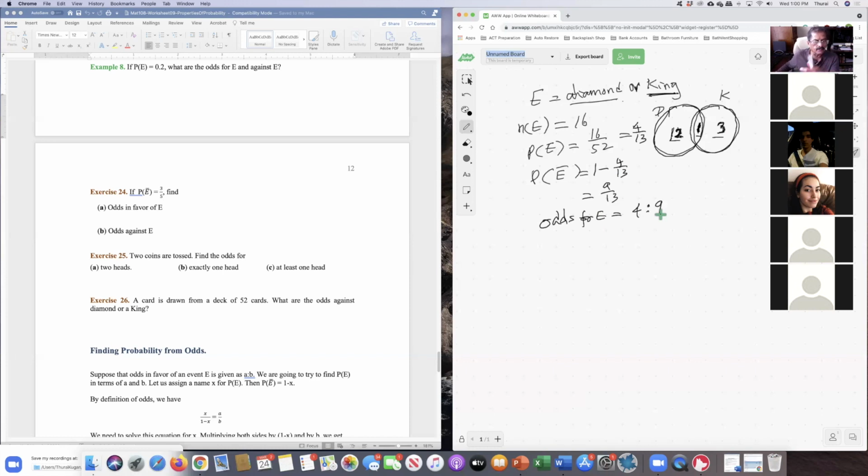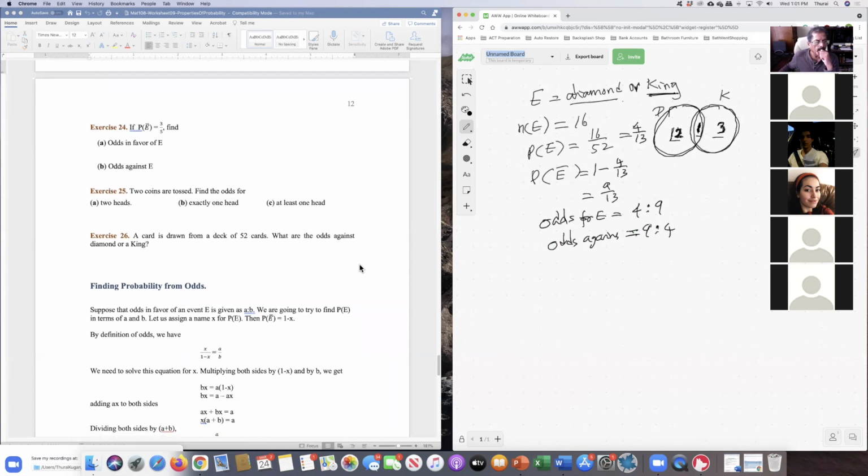But the question is, what are the odds against diamond or king? So odds against equal to 9 to 4. Always you just work with the odds for the event, and then you can always reverse. That's the easiest way.